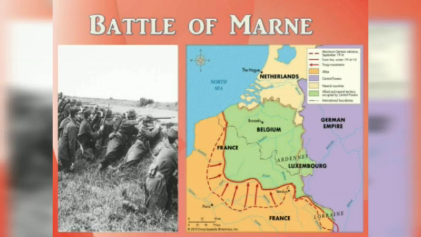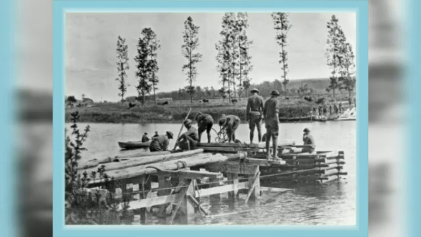It seemed that Paris would be taken as both the French and the British fell back towards the Marne. The war became a stalemate when the Allied powers won the Battle of the Marne. It was the first major clash on the Western Front and one of the most important events in the war.